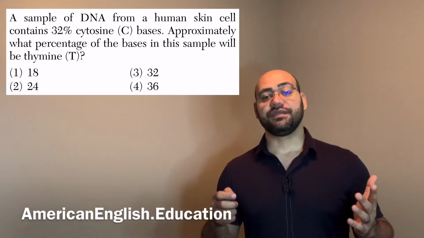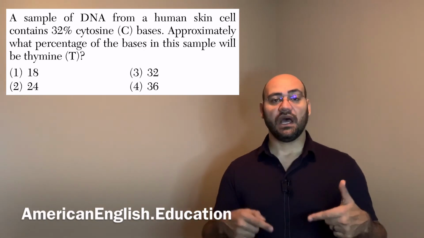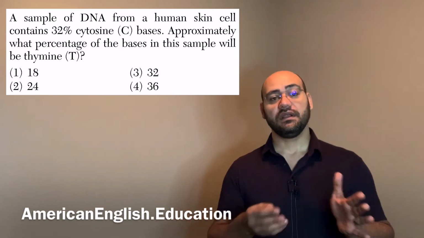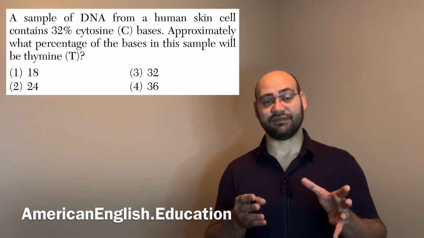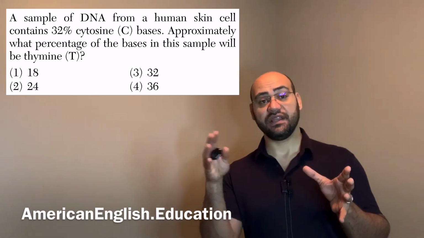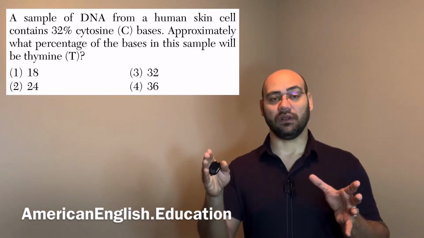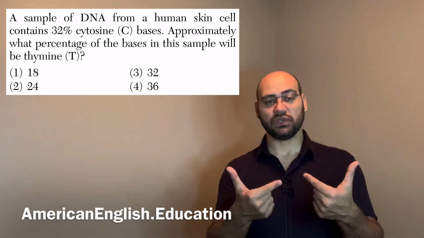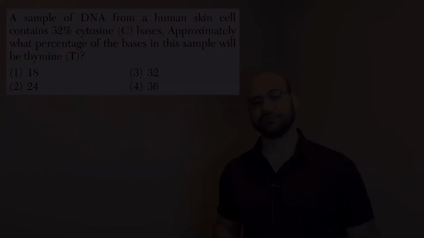So 32% of cytosine plus 32% of guanine make up 64%, correct? Now, 64 out of 100, we have 36 left. And remember, the other two, thymine and adenine, are equal. They're 1-to-1. So if you have 36 and you divide by 2, you'll have 18. Number 1 is your right answer.